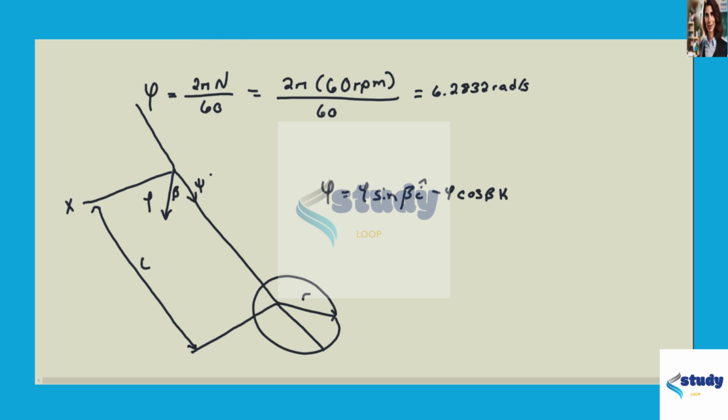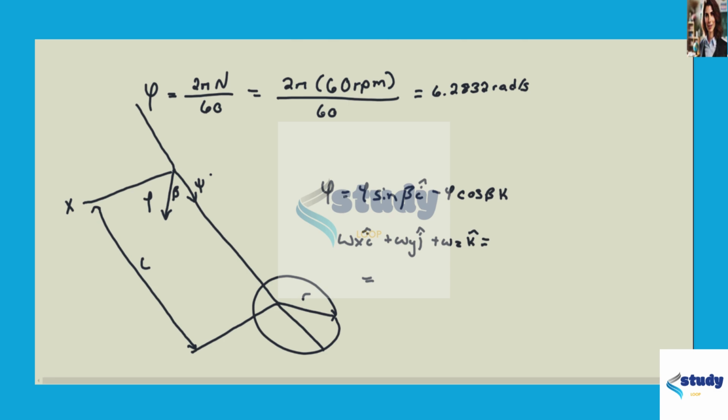So for this, we need to find your xi plus yj plus zk. And this is going to equal here.